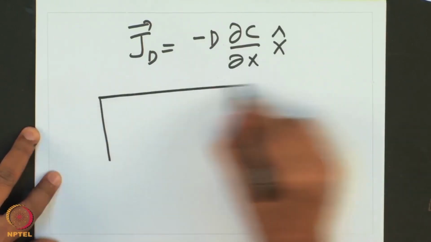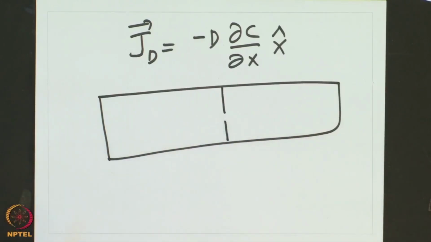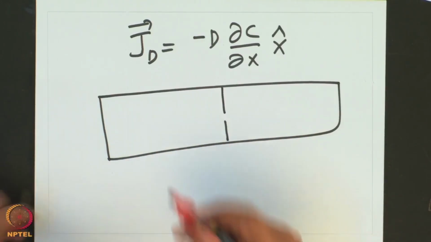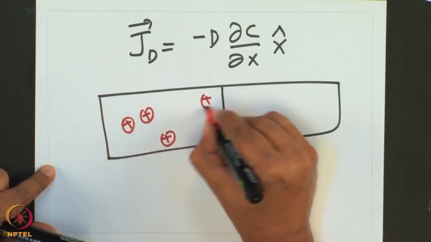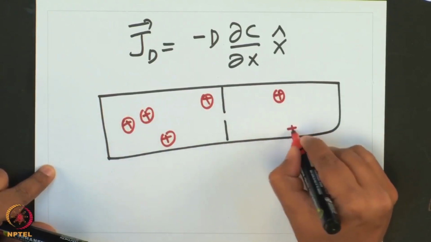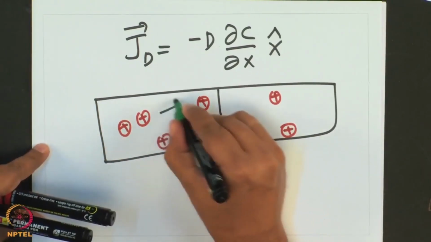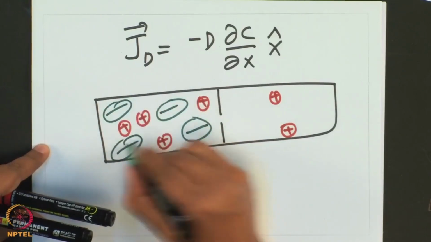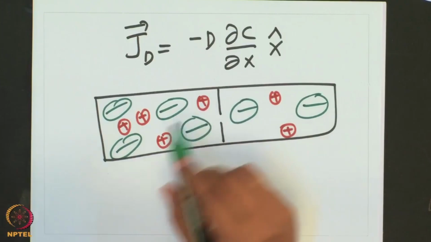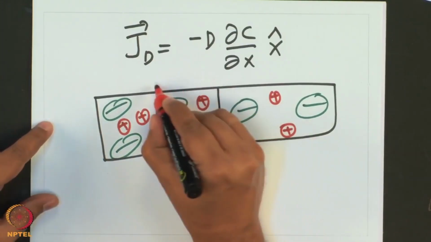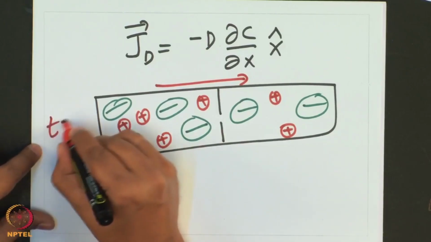What we have is this chamber with plus and minus ions, some amount of plus ions and some amount of minus ions on both sides. Now a flow of plus ions will happen from here to here. This is what happens at t equals 0.